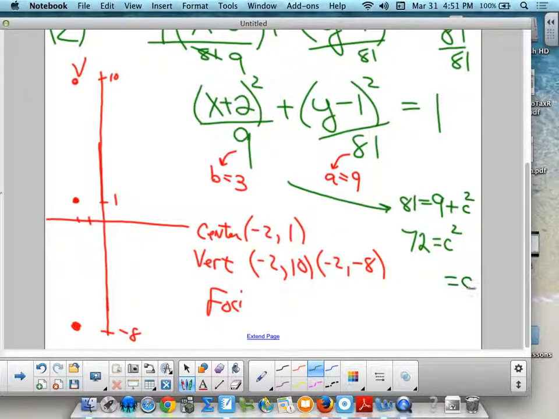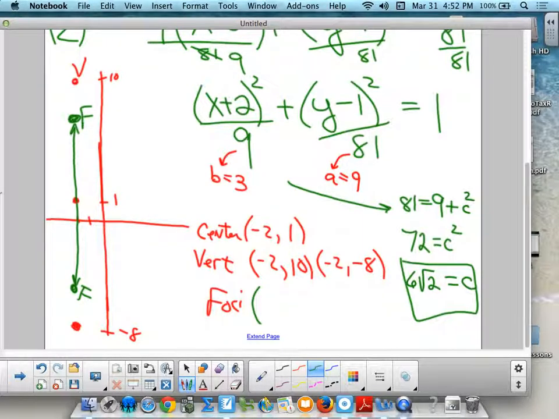C equals, so that's going to be 6 square root of 2, because that's 36 times 2. Right? So the foci would be up from here, how far? 6 times the square root of 2. I don't know where that ends up. And down 6 square root of 2.